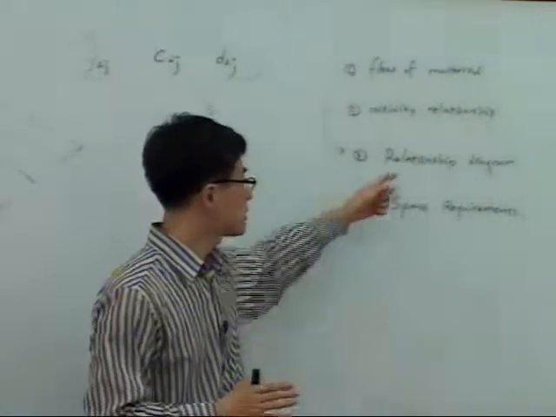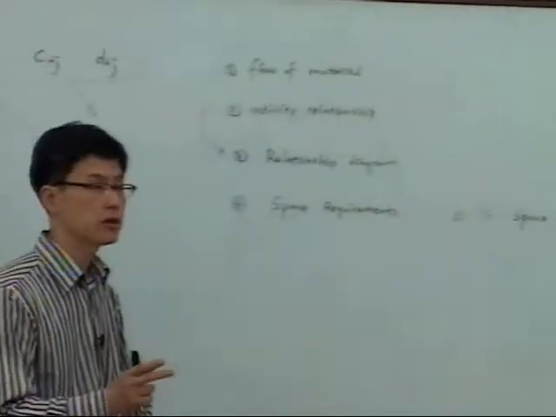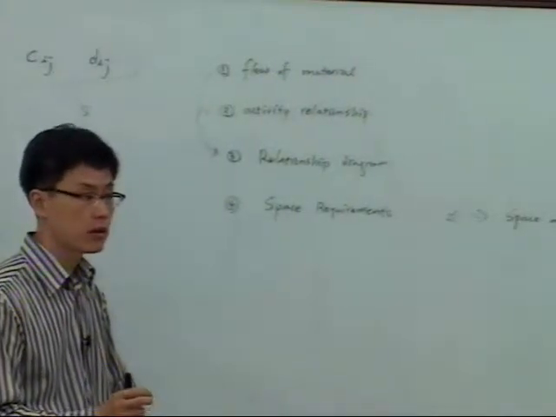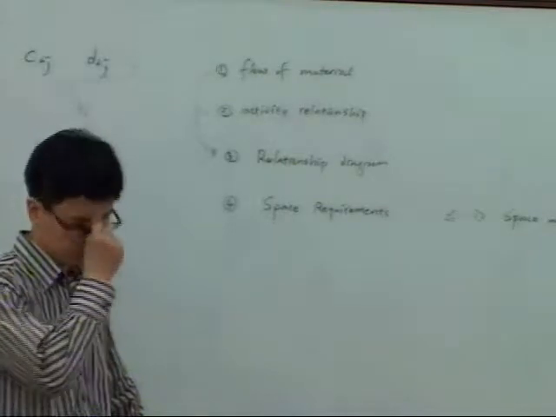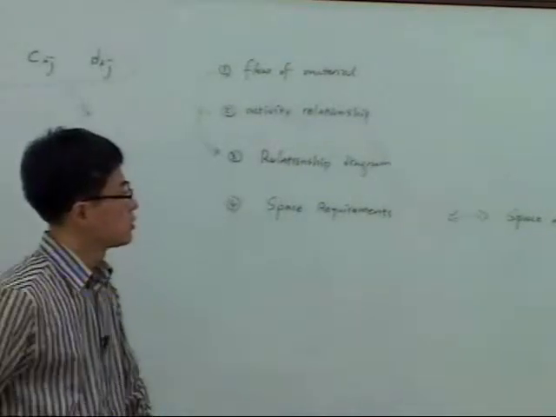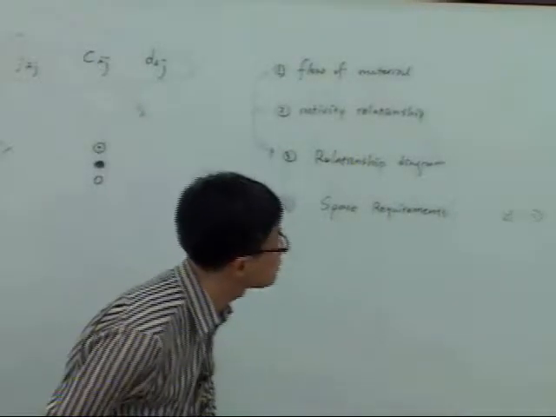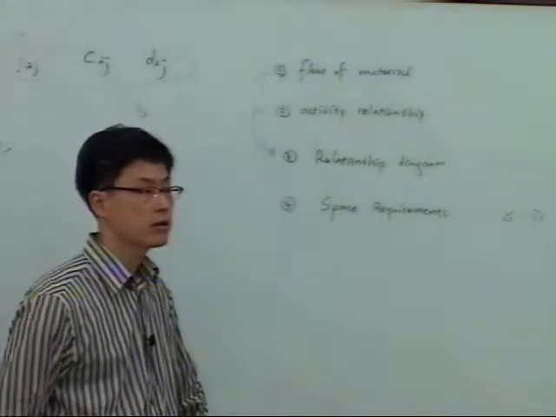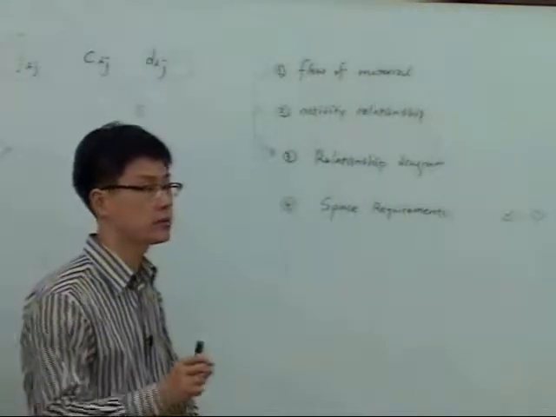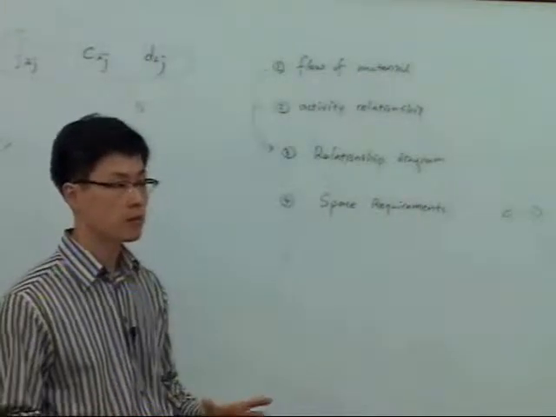Okay. Then you can draw the relationship diagram like this. And for each department, you can deduce the space requirement. Okay, question. Your factory consists of 6 different departments, and you follow this step and calculate the required spaces, and you add them up.